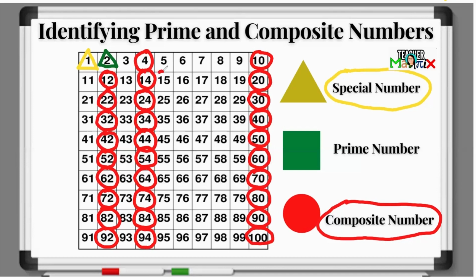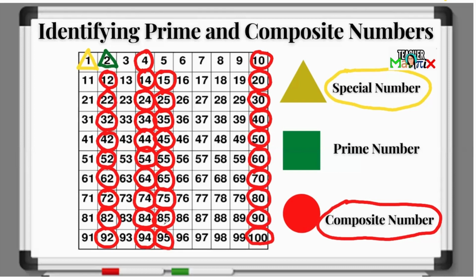Let's encircle 15, 25, 35, 45, 55, 65, 75, 85, 95.